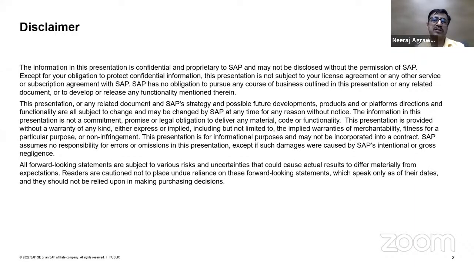It's subject to change. So a few statements could be forward-looking. But we'll try to keep it as much as possible to what is possible currently. We'll try to keep the future as little as possible, but we'll be telling you about them also so that you are aware what's coming up.